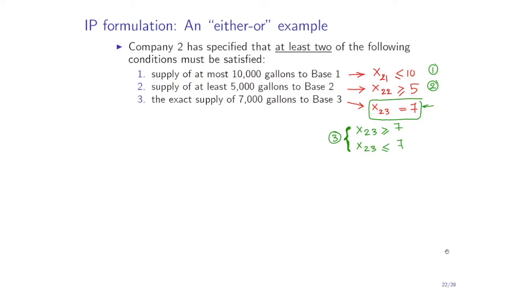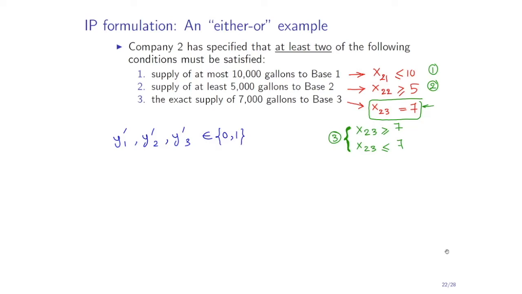So I will introduce, let's call it y1, y prime 1, y prime 2, and y prime 3. So y prime 1, y prime 2, y prime 3, all 3 of them are binary variables.